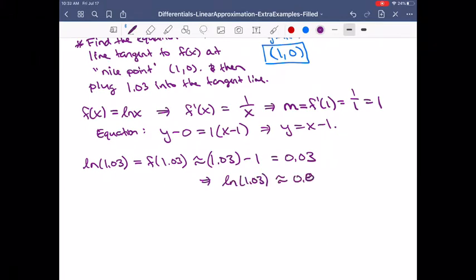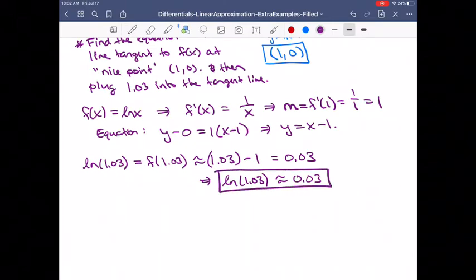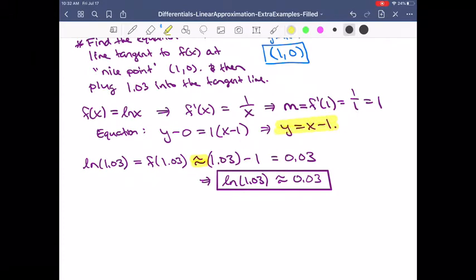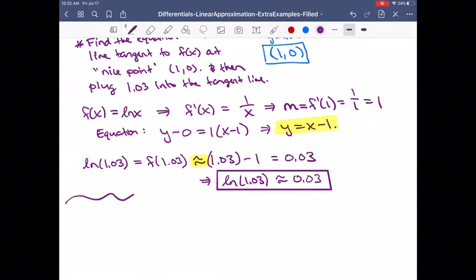I just want to emphasize that for the approximation, we're plugging into the tangent line instead of the function. So that is the linear approximation.